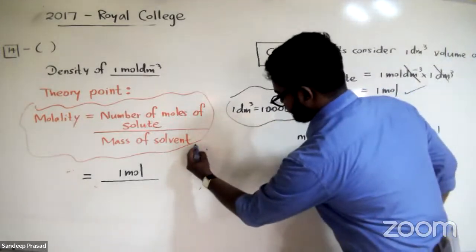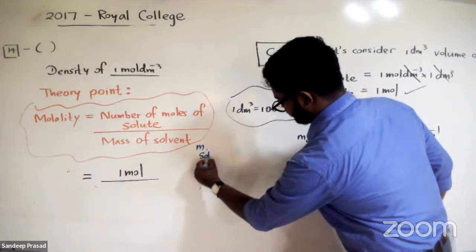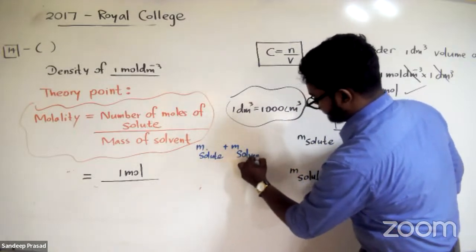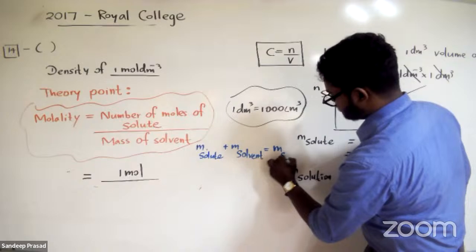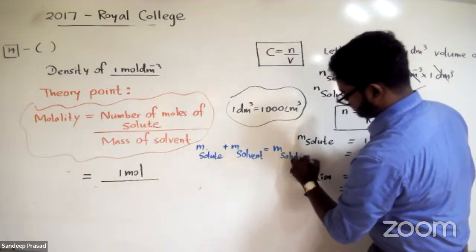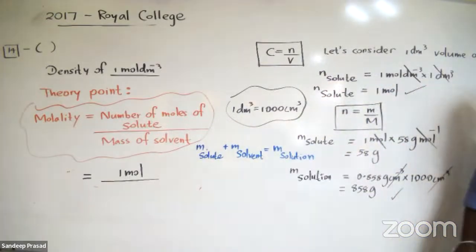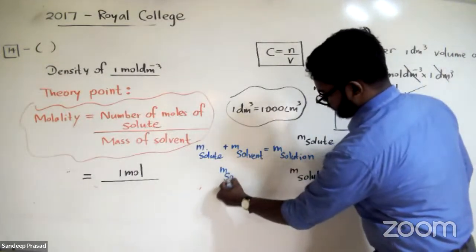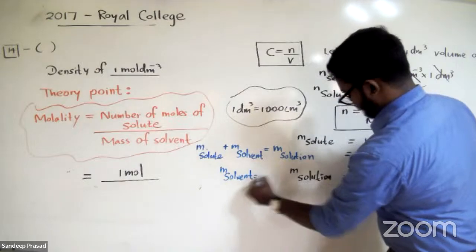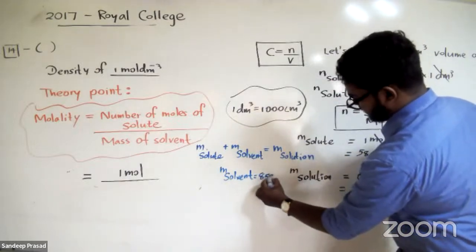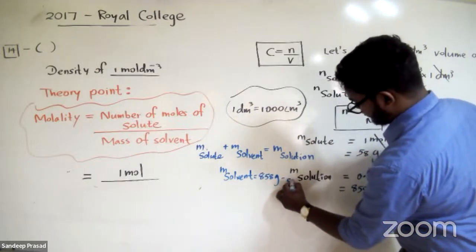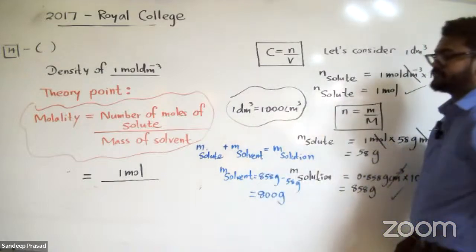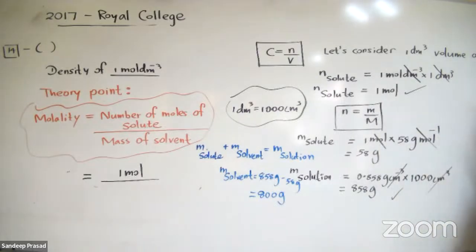Remember, mass of solute plus mass of solvent is equal to mass of solution. Then can't you obtain the solvent mass? Solvent mass is equal to 858 grams minus 58 grams. So the answer is 800 grams.